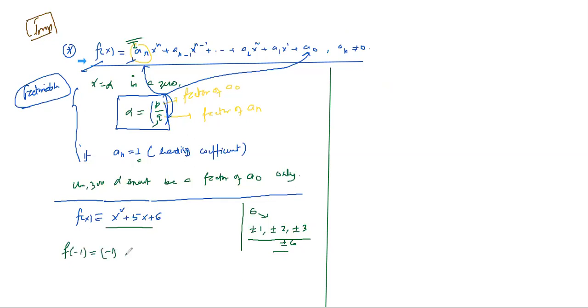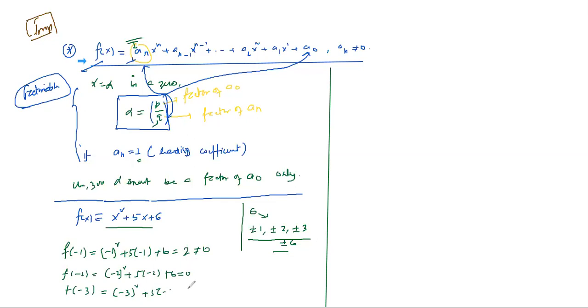I know -1 is not going to work, because this is the polynomial I took just a few minutes ago. So this is going to give you the answer 2. It is not equal to 0, which means it is not a zero of the polynomial. -2, you check what you'll get. You will find it satisfied. Similarly, if you test -3, that also gives you the answer.